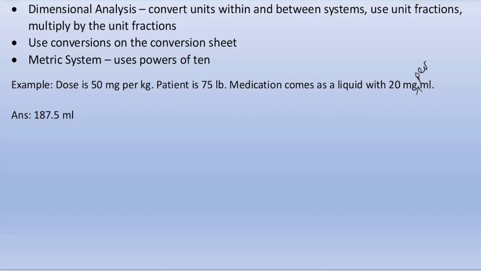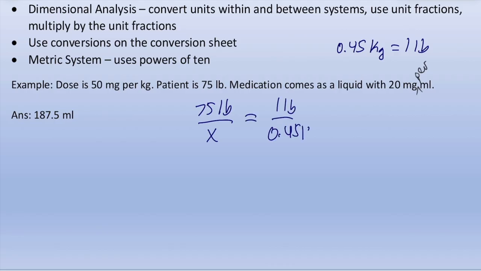So what we're going to do is similar to the last problem. First, we're going to use that 0.45 kilograms is equal to 1 pound. So 75 pounds is how many kilograms? If we know that 1 pound is 0.45 kilograms.